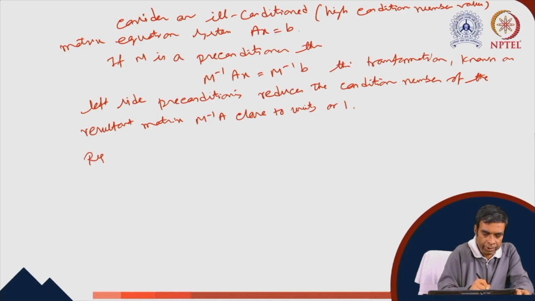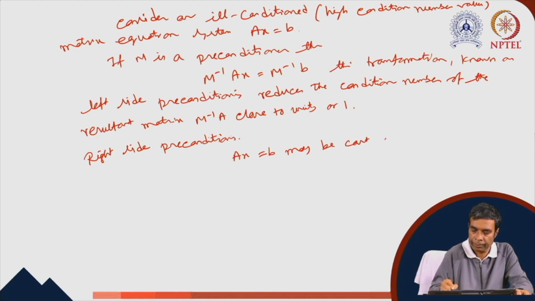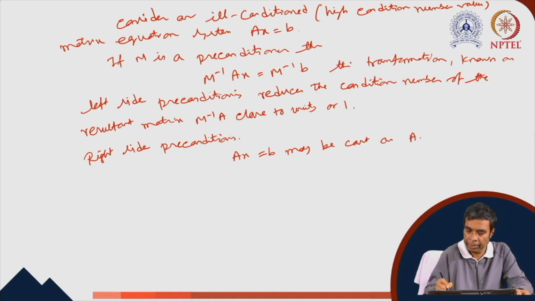So here we illustrate the right side preconditioning. Ax equals b may be cast as A M inverse M x equals b.